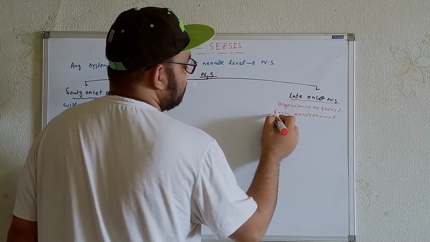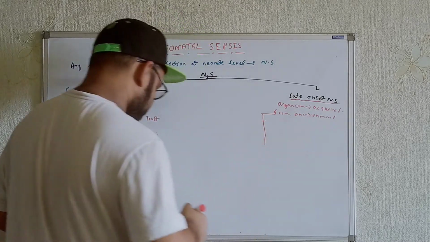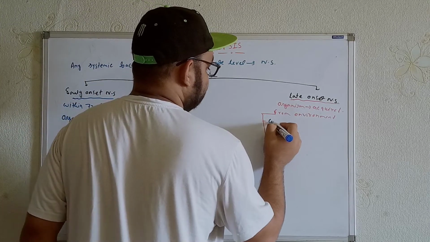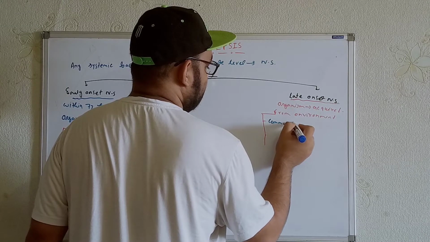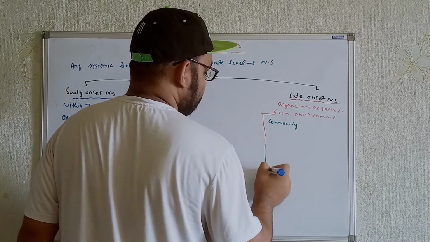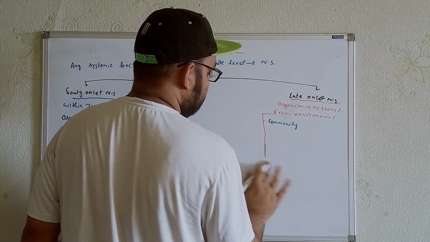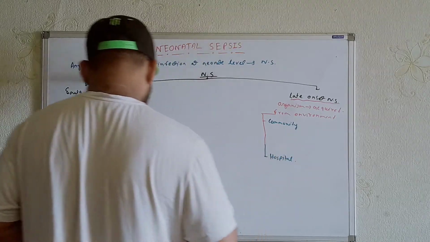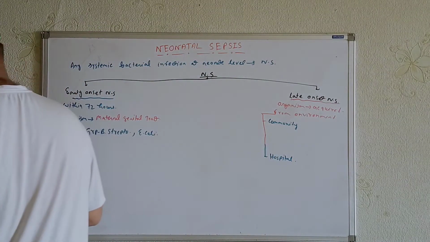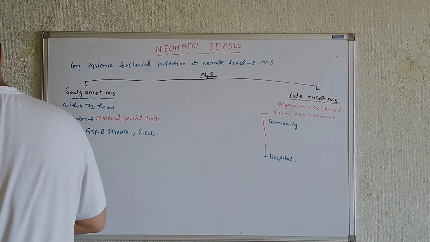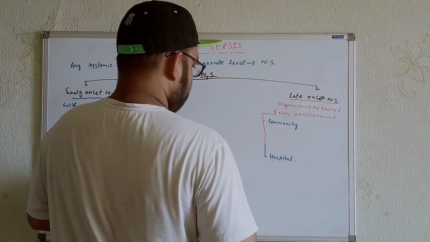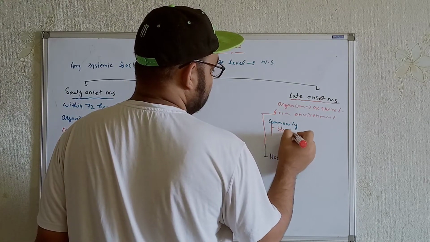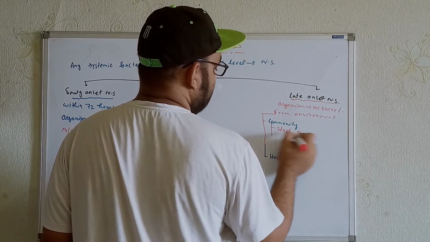Now, if it's the environment, then it can be transmitted from the community or from the hospitals. From the community, whatever organisms we get, we can get Staph aureus and E. coli.